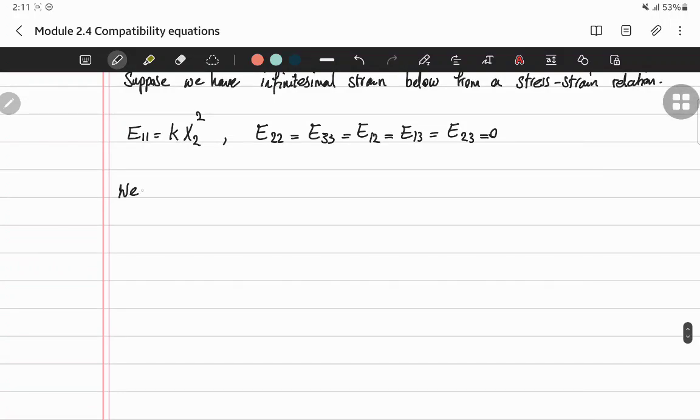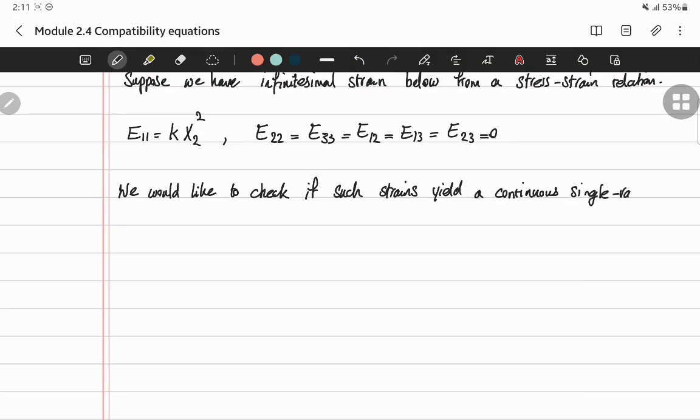So we would like to check if such strains yield a continuous single valued displacement field.